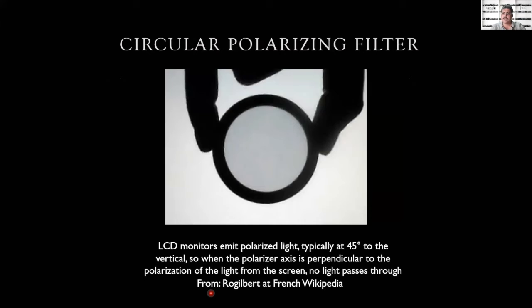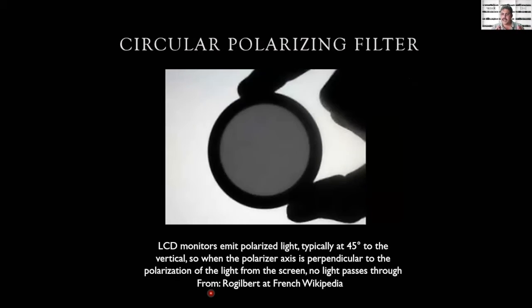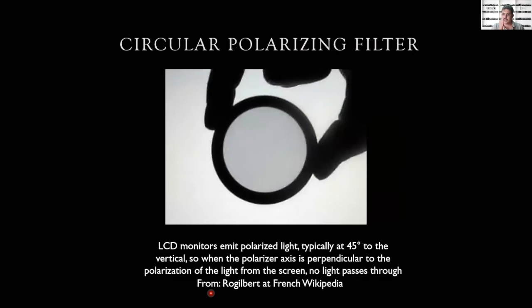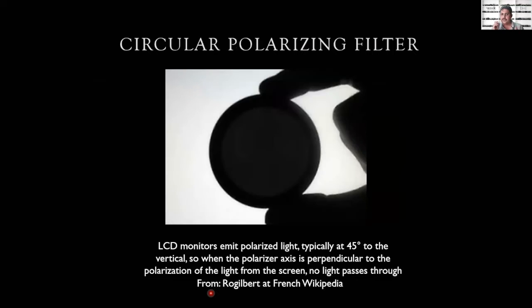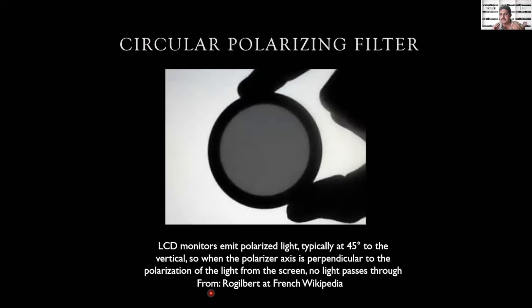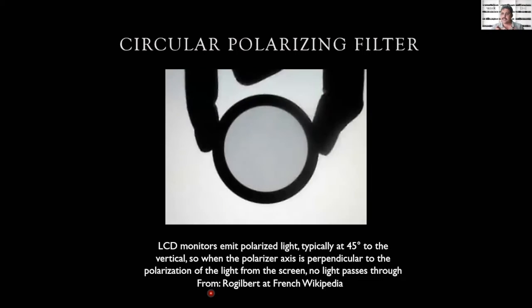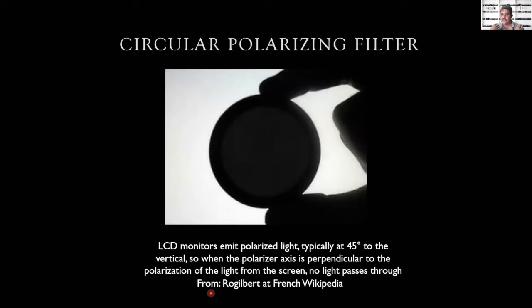It contains multiple lights at multiple angles, and what the circular polarizer does is it cuts a light in every angle and leaves only one angle of light entering into the sensor. So in this case, the LCD is typically at 45-degree angle. So when the lens is turned 45 degrees, almost no light comes in. That's why it's pretty dark.